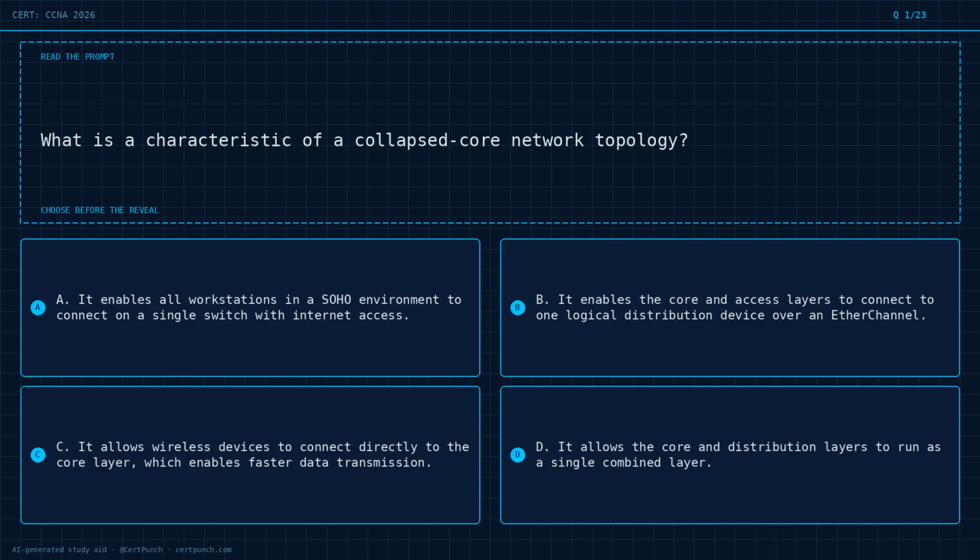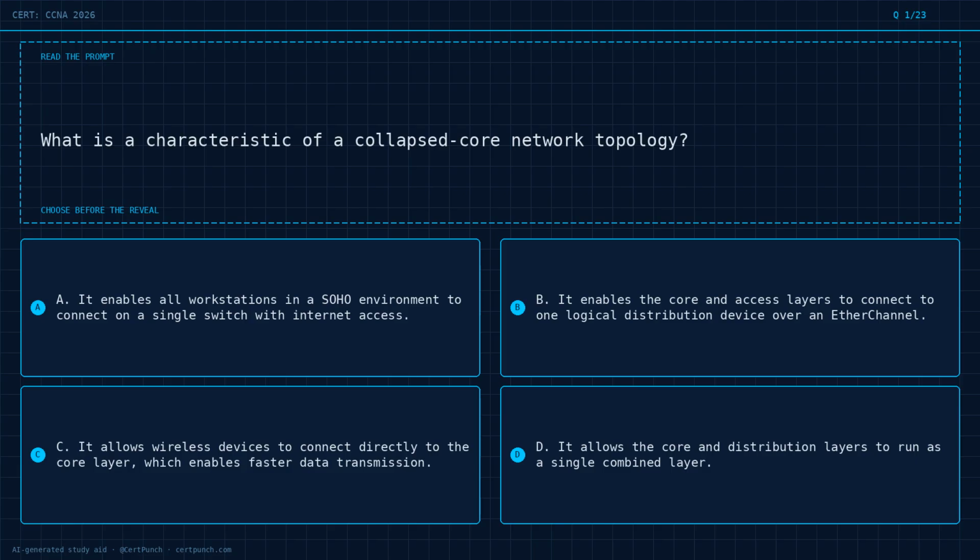Question 1 of 23. What is a characteristic of a collapsed core network topology? Option A. It enables all workstations in a SOHO environment to connect on a single switch with internet access. Option B. It enables the core and access layers to connect to one logical distribution device over an EtherChannel.